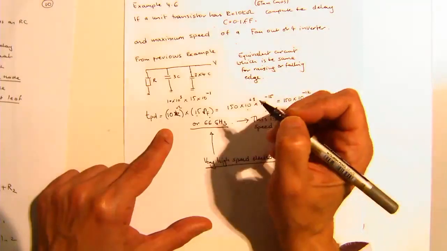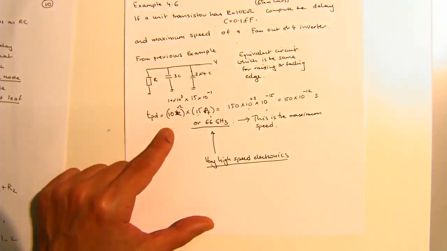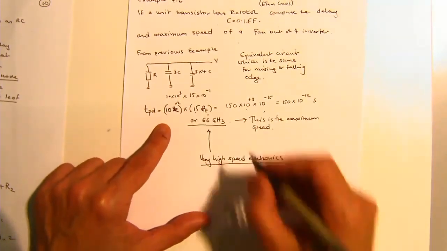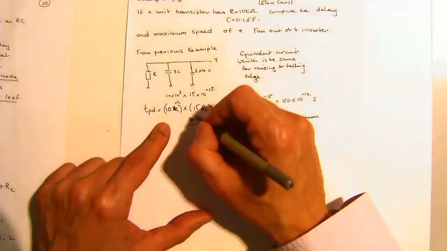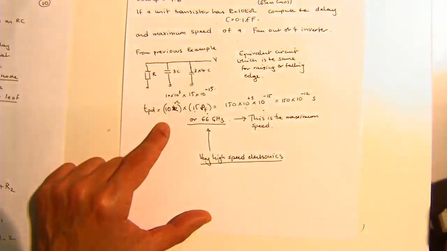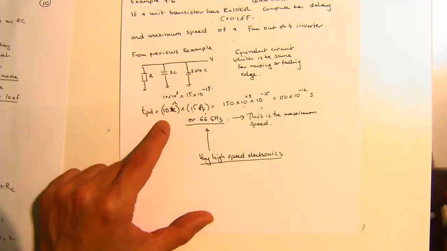Femto is 10 to the minus 15. It's not 1.5, it's 15, because C is 0.1. So 15 times 0.1 is 1.5. All right, so I've made a mistake.